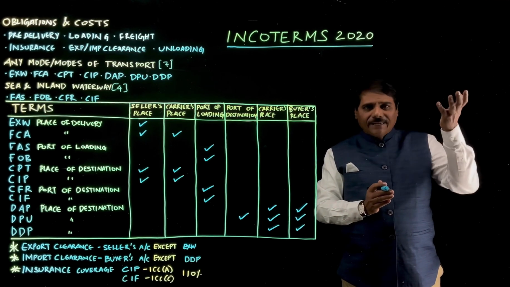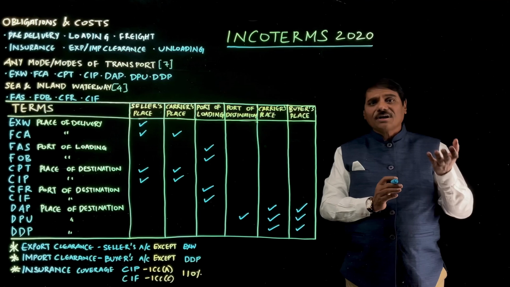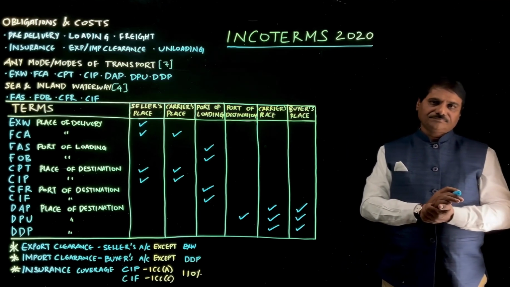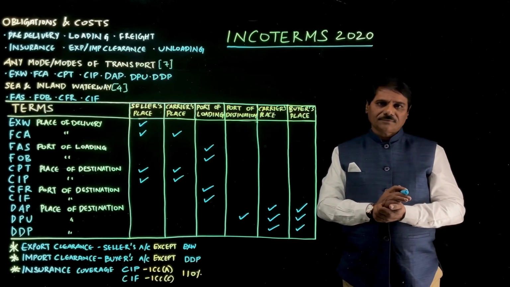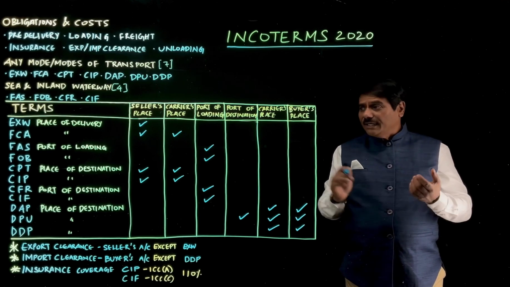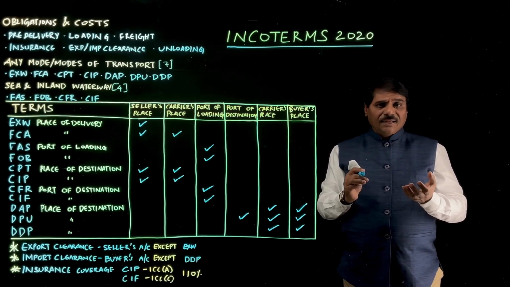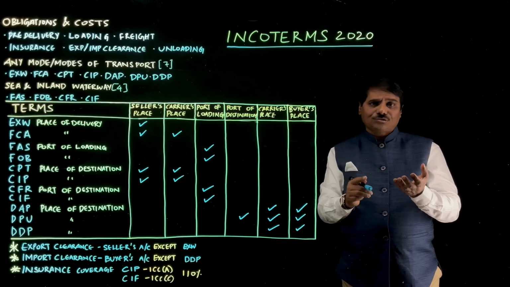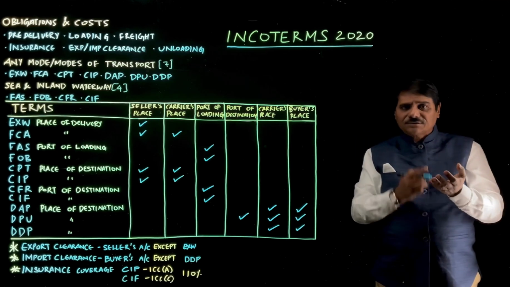That is the reason we call it an anchorage port. So in case of FAS, the seller must carry the goods up to alongside the ship.